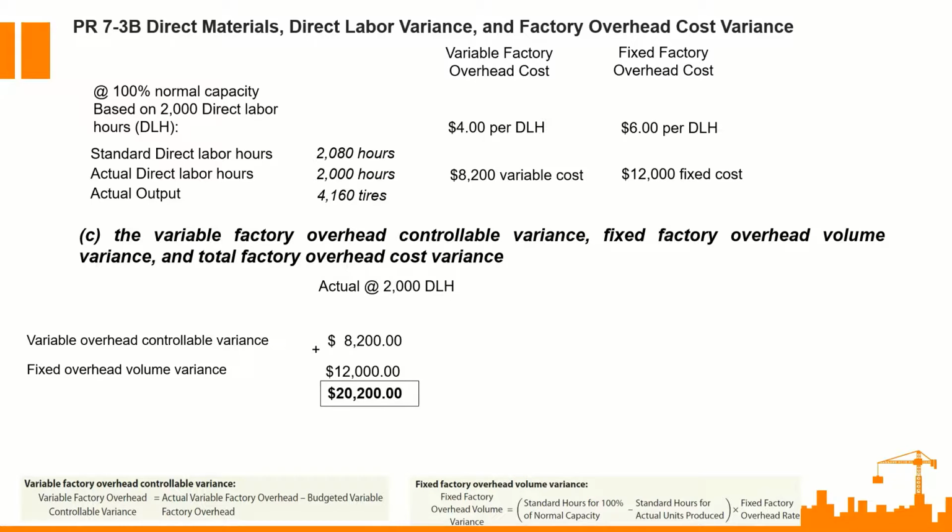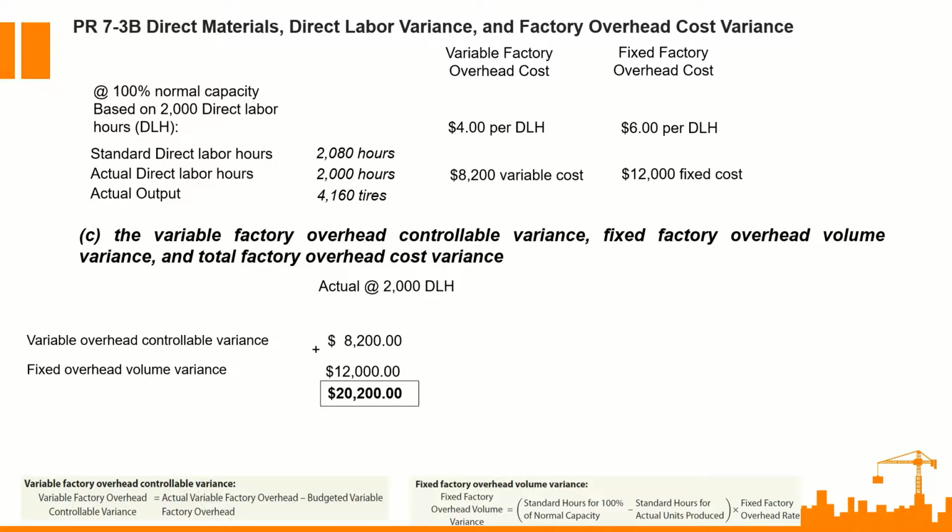Because this is the should-have-been hours utilized when we produce the actual output of 4,160 tires. Now this is the difference. In previous topics we applied our overhead based on actual direct labor hours. But here in standard costing, we apply our overhead based on standard direct labor hours.